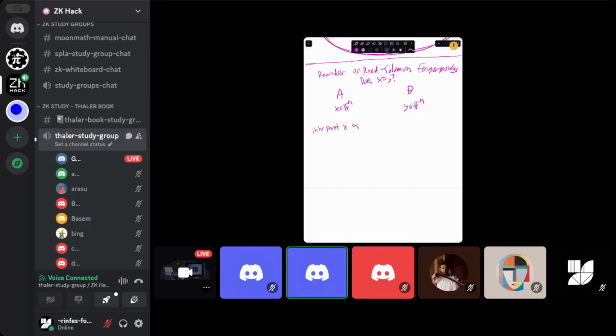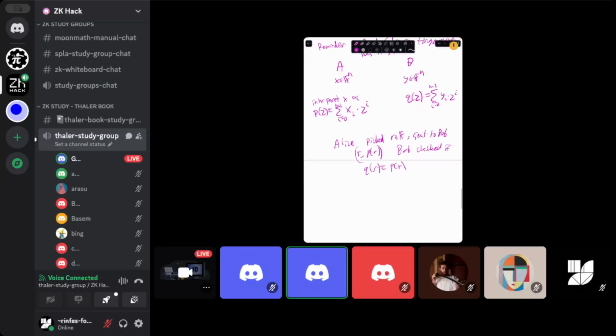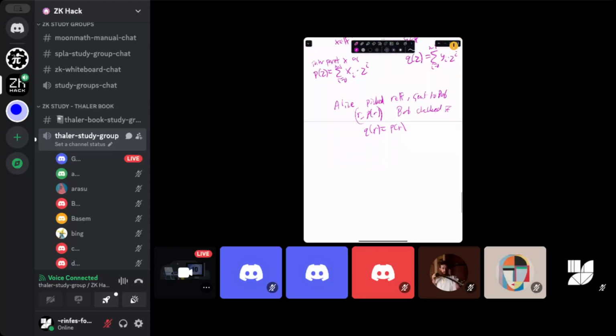So interpret X as a univariate polynomial P of Z, whose coefficients are the entries of X. Interpret Y as a univariate polynomial Q of Z, whose coefficients are the entries of Y. And then Alice just picked a field element R at random and sent to Bob R and P of R, and Bob checked whether Q of R equals P of R, and he said, if they agree at R, then I'm going to assume they're literally the same polynomial.